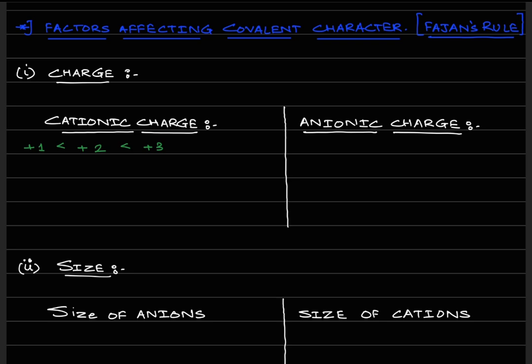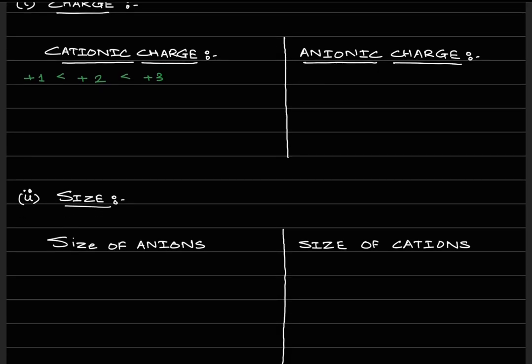Obviously in +3. So for cation, if the charge increases, the covalent character also increases. Are they directly proportional? The answer is yes, they are directly proportional. But please remember, for cations.